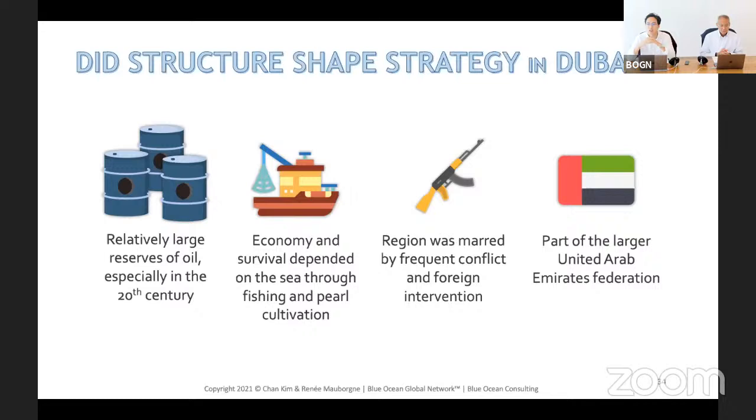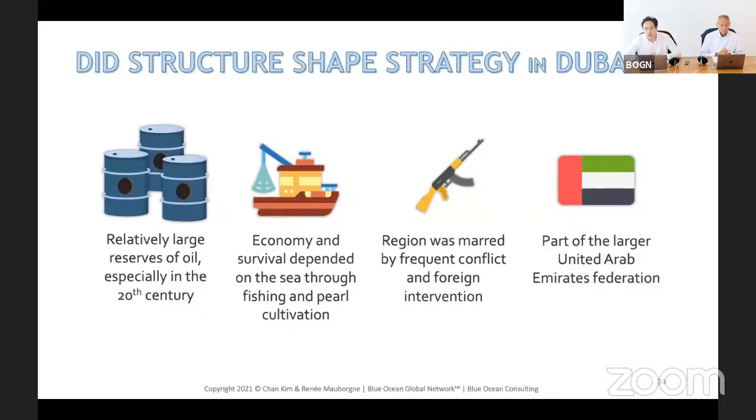And Dubai was also part of a larger federation made up of many more Emirates. At the time, it wasn't just Dubai by itself, they were also part of the UAE. So these are their structural conditions.